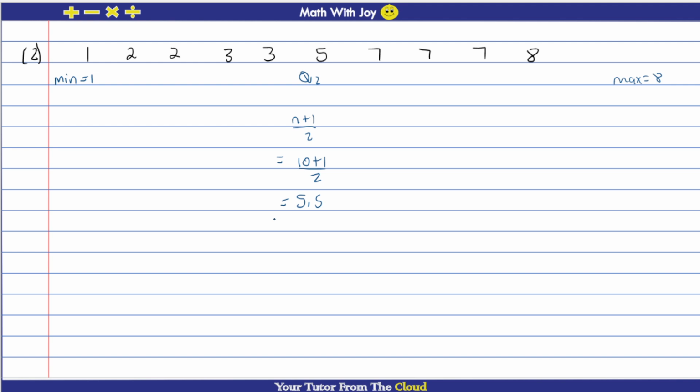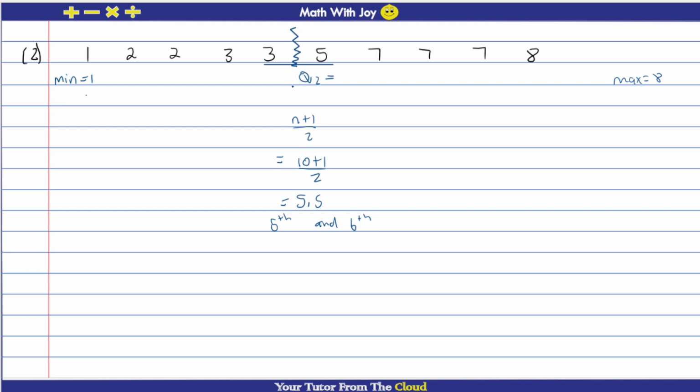And what this means is that my Q2 is going to lie between the 5th number and the 6th number. So let's figure that out. So number 1, 2, 3, 4, 5. So this is the fifth number and the other one is the sixth number. That means that my Q2 is going to be there.